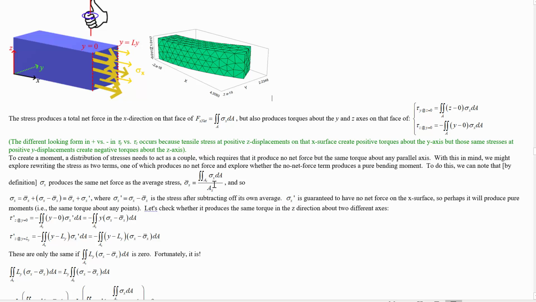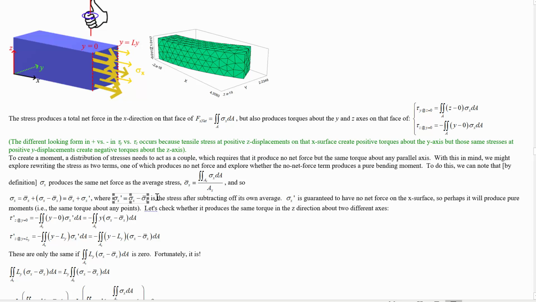A way to convert a stress distribution, sigma, into one that produces a pure moment is to subtract off the average stress over that surface, because now when you find the net force produced by this one, which is sigma x times the area, you're going to be subtracting off this thing integrated over the surface, which is just going to be this times the area because this is a constant.